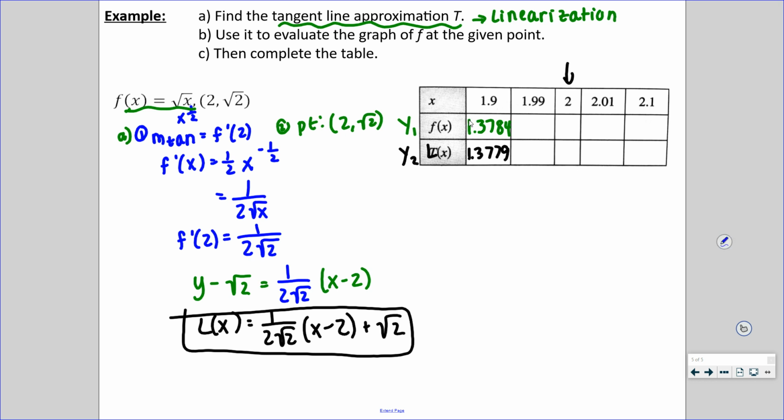Okay, 1.99, those looked very, very close. The first 4 digits were the same. I can't really fit my dots in here, but we know they're not quite the same after we looked at that in our table. For 2, let's make a note that these are the same.